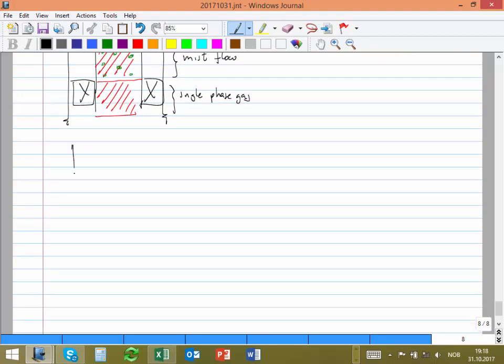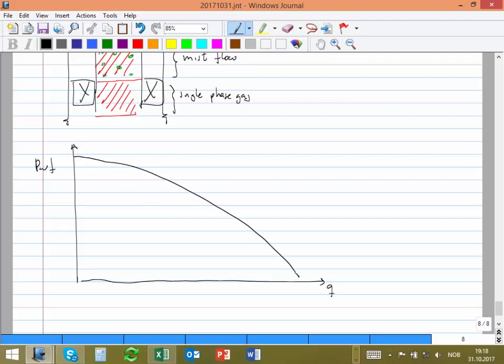Remember, all that we are looking for is PWF. We have the available, right? And we want the required. We know already how it looks for gas, how it looks for liquid, but how does it look for this multiphase guy? The TPR, okay? That's what we are looking for, the TPR.